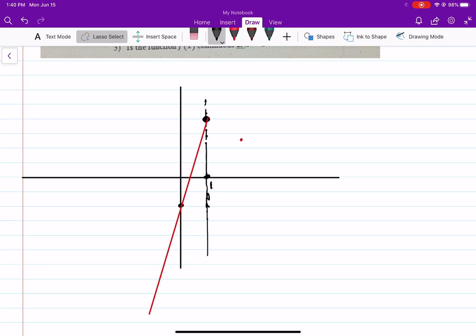The corresponding y value here is 4, right? When x is 1, 6 times 1 minus 2 is 4. And when x is 0, y is minus 2. This point here is minus 2.